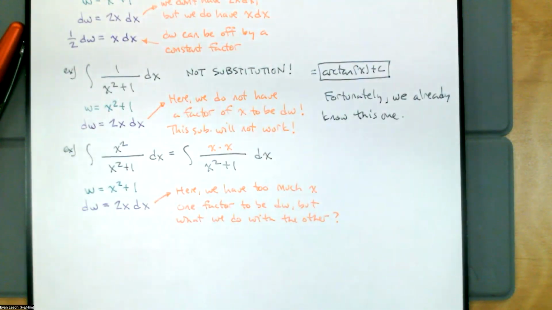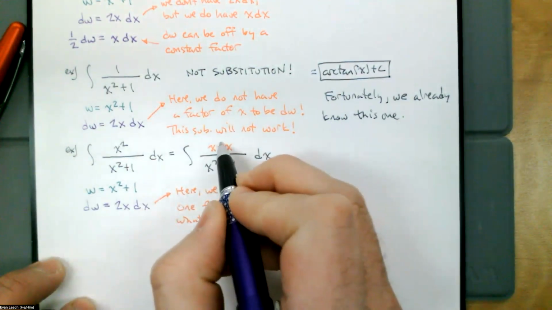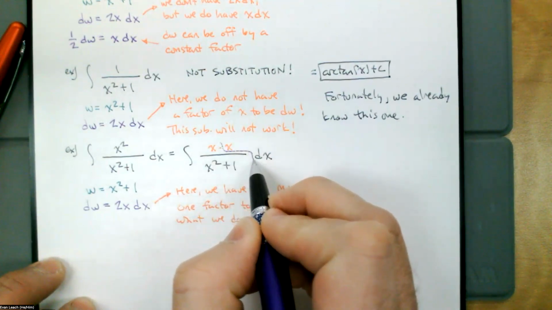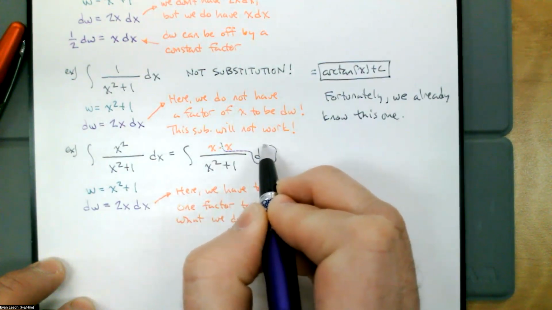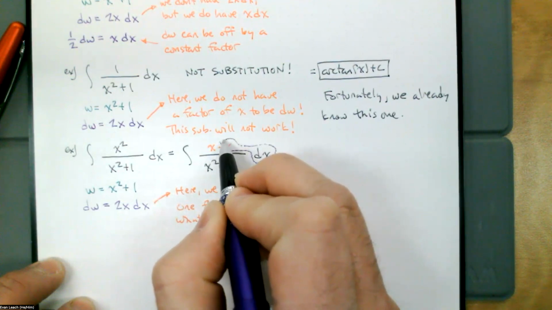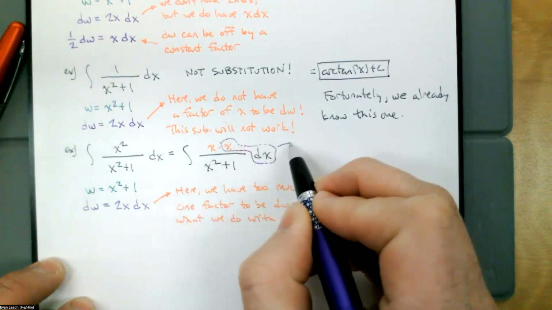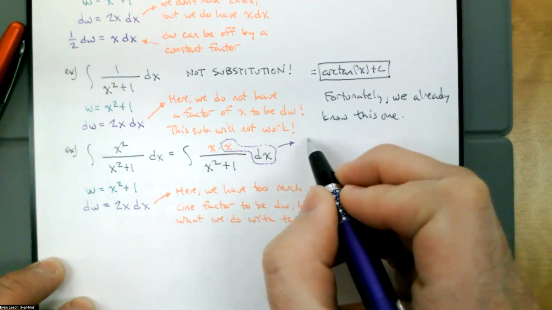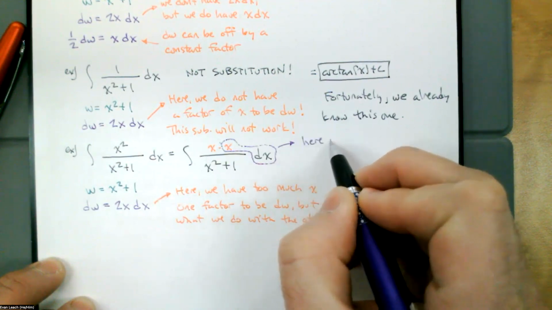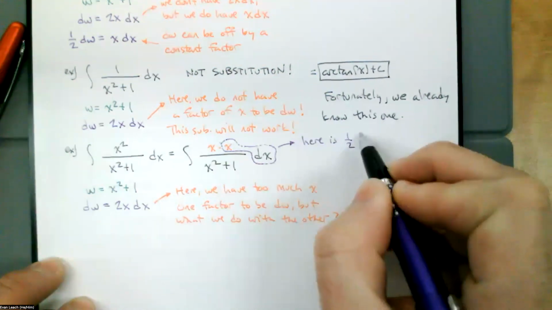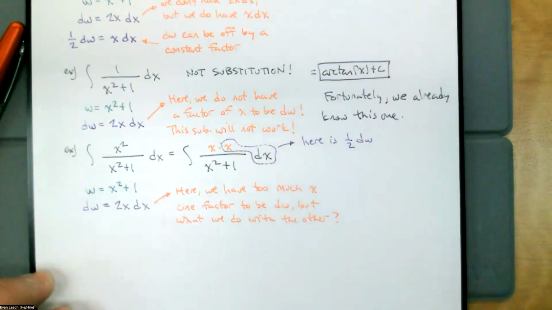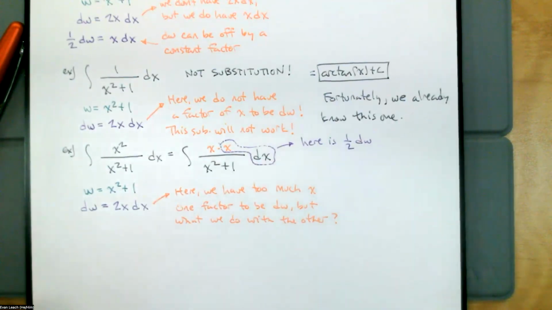I can grab one of these factors, along with the dx, to be the 1/2 dw. So this second one can be 1/2 dw. Well, what are we going to do with that other x?